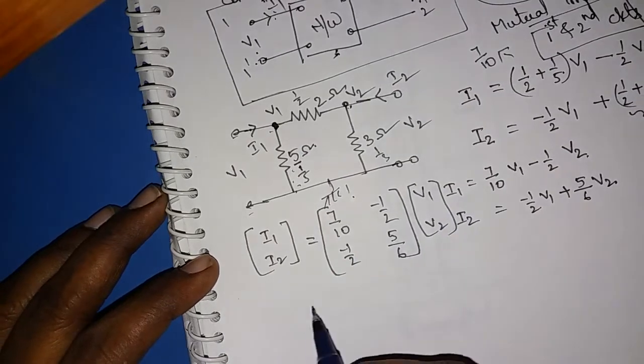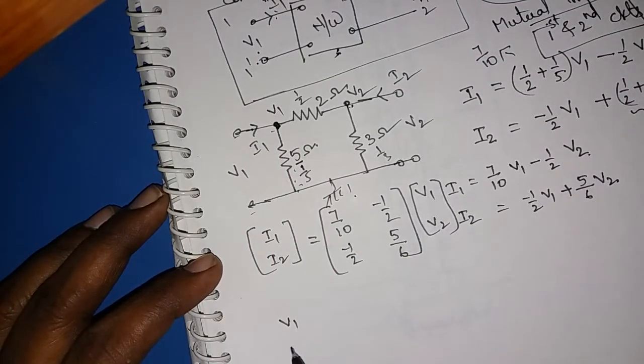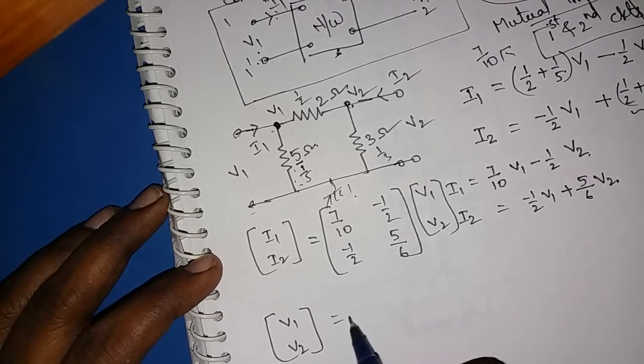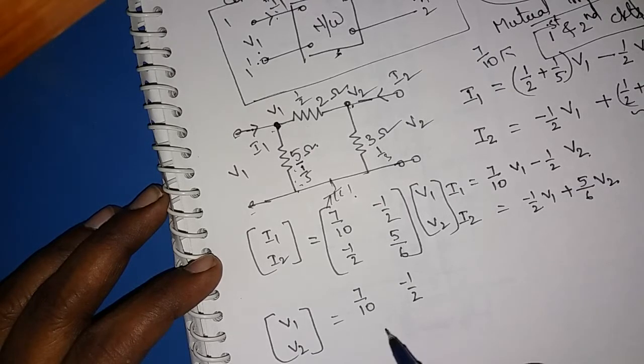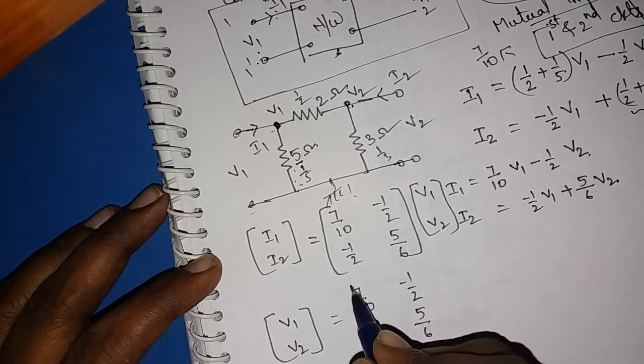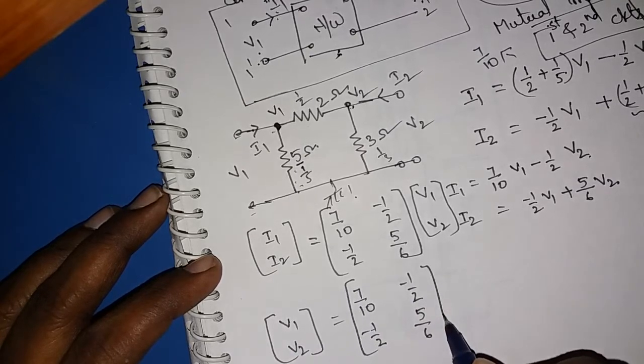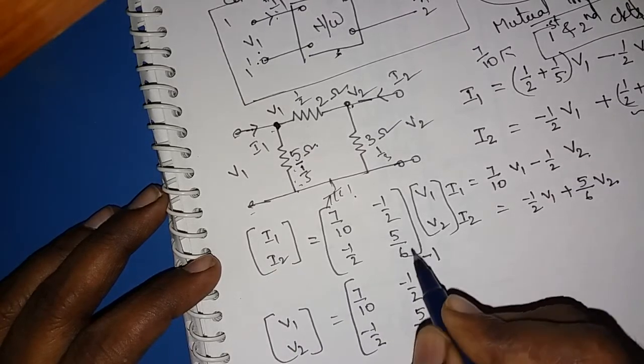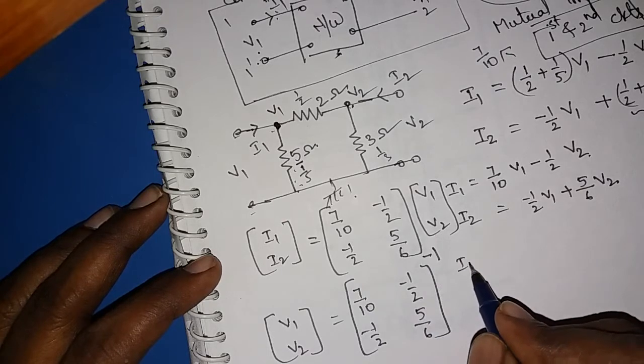So hence V1 V2 is equal to the inverse of this matrix times I1 I2.